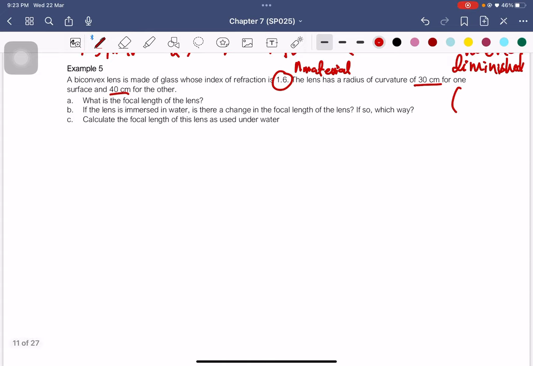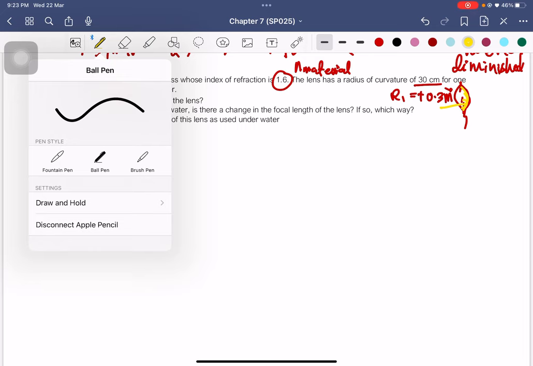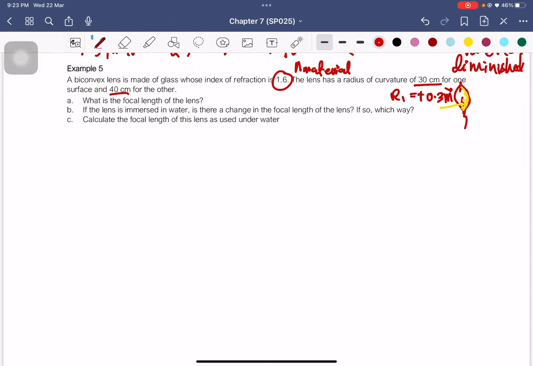If you were to draw that, we have a biconvex lens like that, and this is going to be R1, which is 0.3 meter. It's going to be positive because it is convex. R1 is positive 0.3 meter. And then this is a concave surface, light goes here, so this is a concave lens surface, so that is R2 equal to negative 0.4 meter.